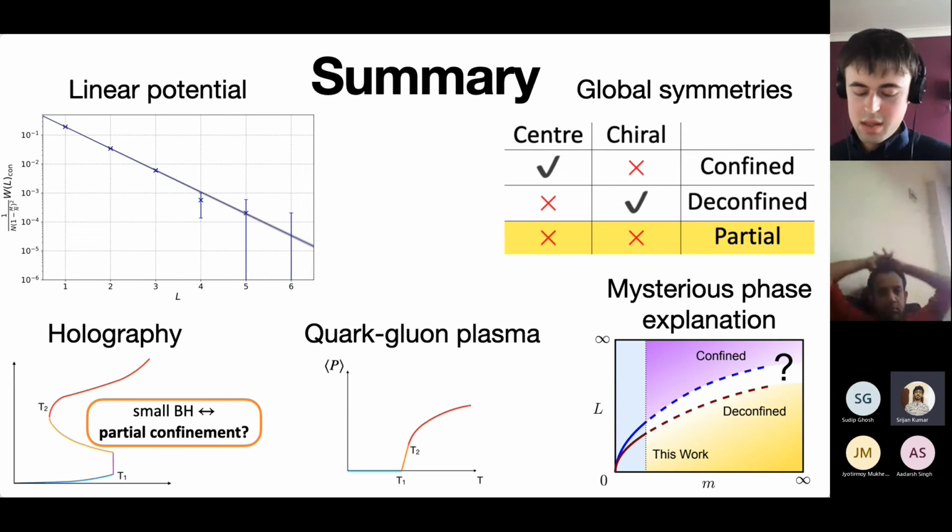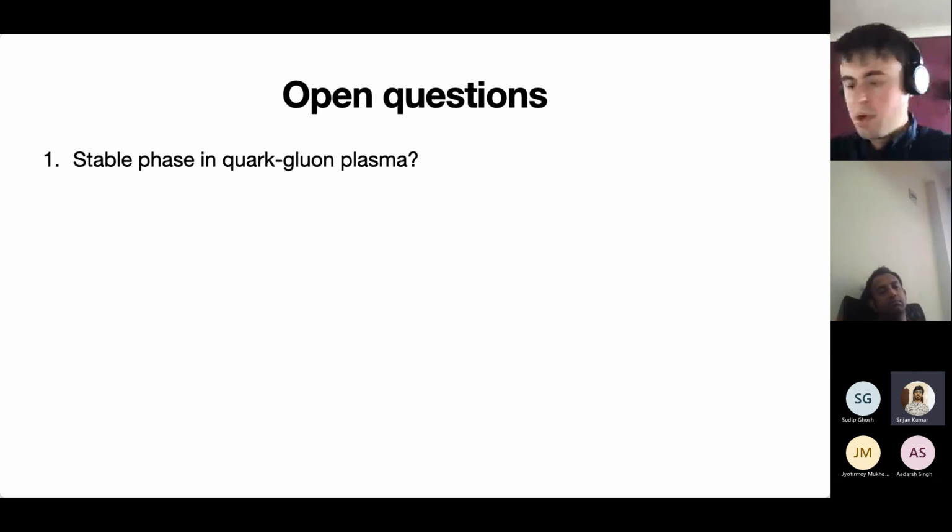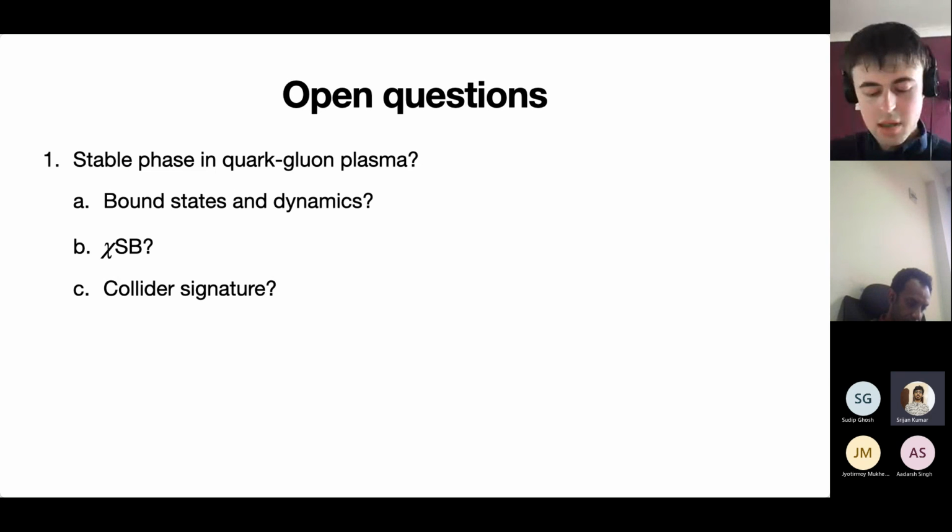So in summary, these are all the things that we've looked at related to partial confinement. We have the linear potential in the confined sector, global symmetries and order parameters, its relationship to holography and the quark gluon plasma, and the explanation of this mysterious SU2 phase. And I have some open questions remaining, which is, does the partial phase really exist as a stable phase in the quark gluon plasma?